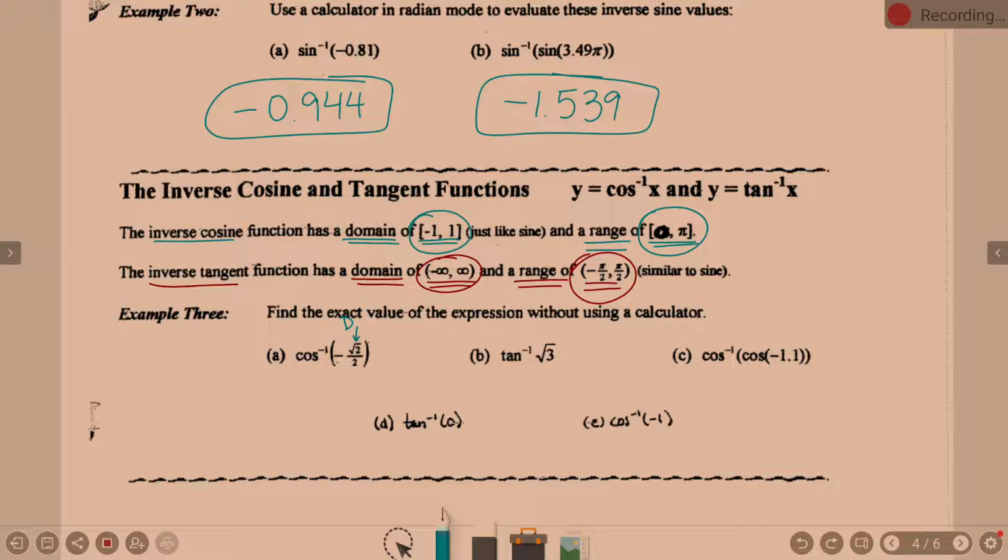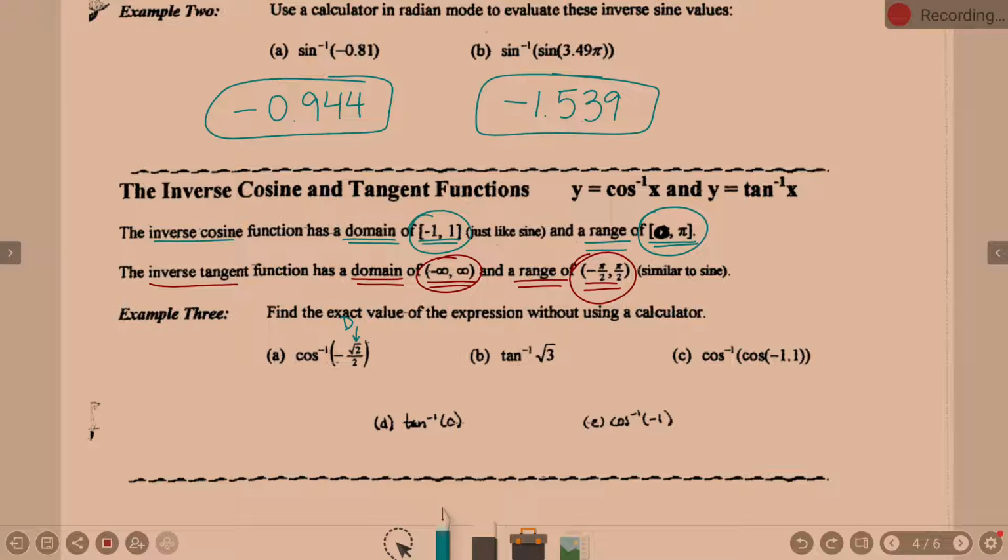Well, we don't have the chart. Pi over 4, because that's the one where sine and cosine have the same value. Cosine of π/4 and sine of π/4 are the same. So if this said cosine of positive square root of 2 over 2, our answer is π/4.